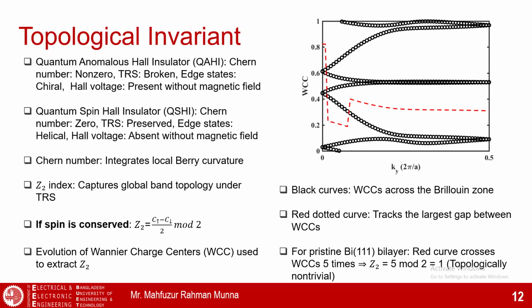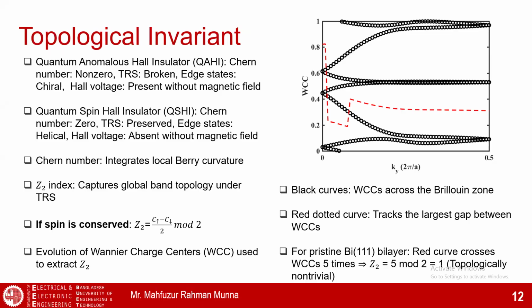But in that case, the time reversal symmetry is preserved. Edge states are helical. That means that up and down spin electrons use opposite edges to travel through the material. However, in this case, the Hall voltage is absent without the magnetic field.